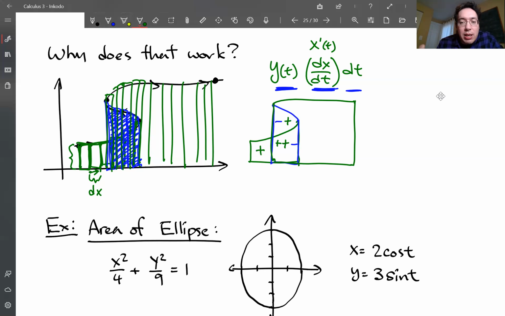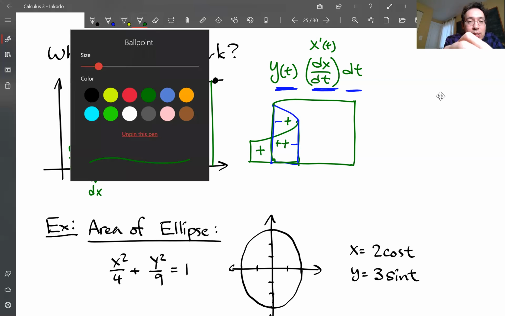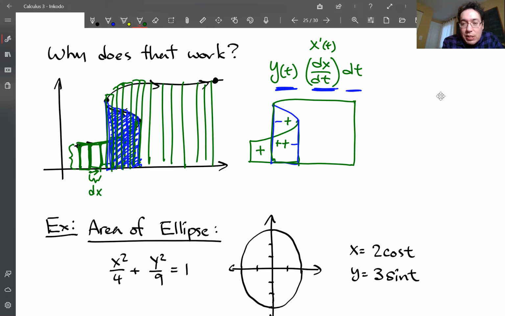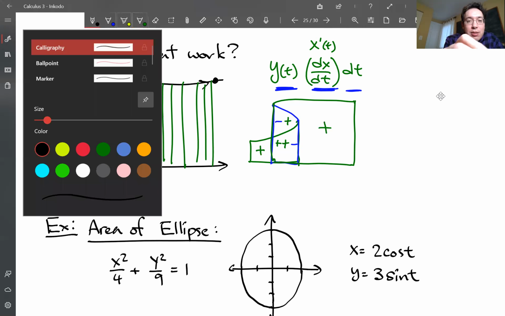So the negative and positive area that was counted canceled out, and it's as if we didn't count that area at all. And then finally, after it started going to the right, this big region was counted positively once. Right? So what does this area turn out to be?